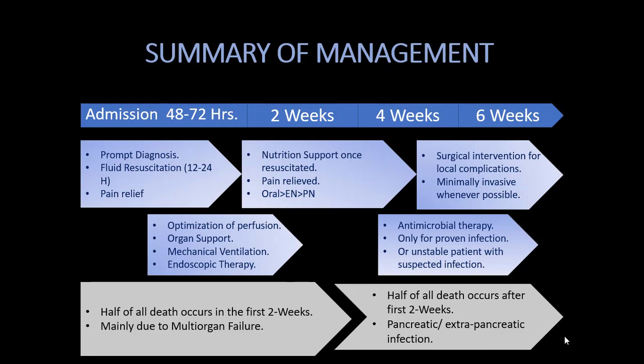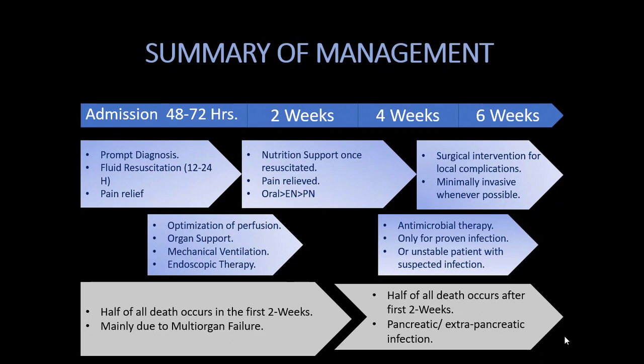First you need to optimize the perfusion, and all organ support should be done. If your patient is requiring mechanical ventilation, if your patient is tiring on NIV or HFNC and not able to clear the secretions, you should consider mechanical ventilator support, and endoscopic therapy, if needed, should be done.